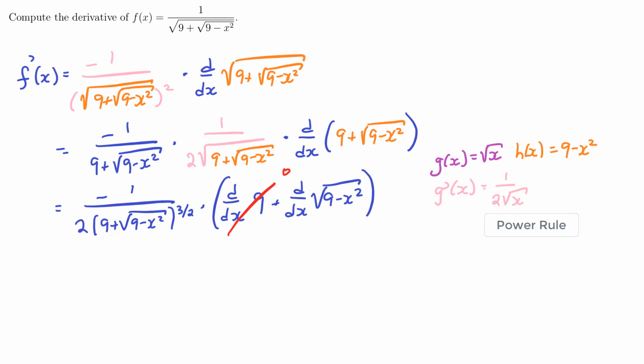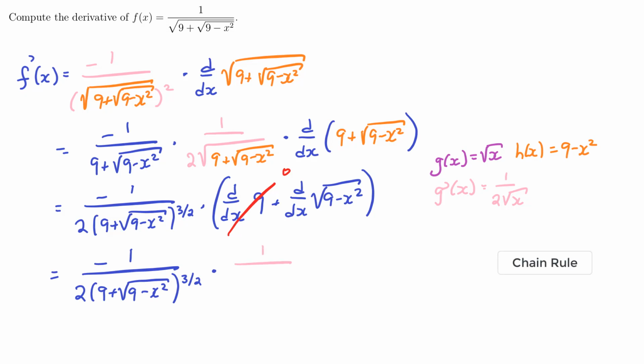Now let's evaluate the derivative of the square root of 9 minus x squared using the chain rule. So this is g prime evaluated at h, multiplied by the derivative of h.